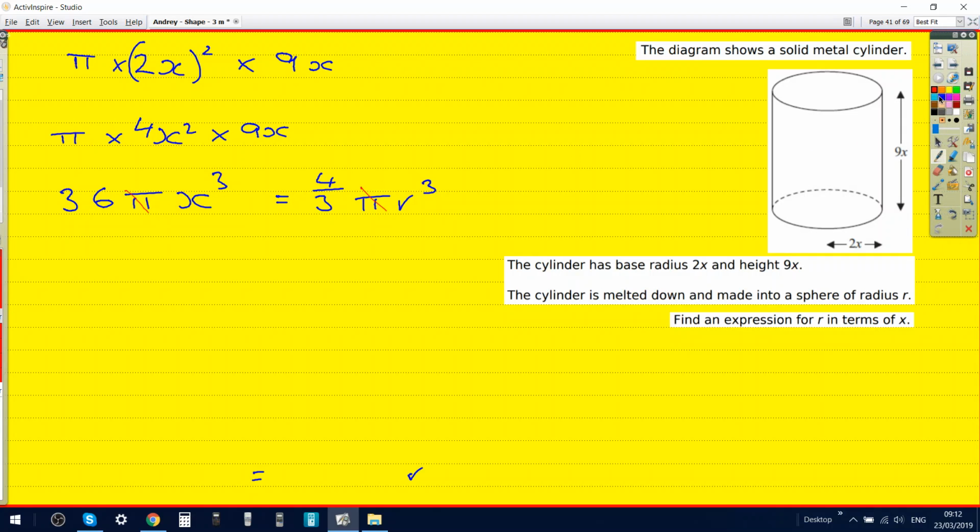And what would you get for 36 divided by 4/3? You get 27. So you get 27x cubed is equal to r cubed.